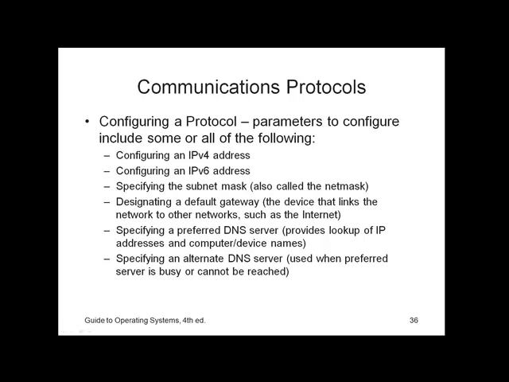That's the device that will link the network to other networks, including the internet. Specifying a preferred DNS server. Well, that's going to provide the lookup of IP addresses and the computer device names. And of course, specifying an alternative DNS server when the preferred one is busy.